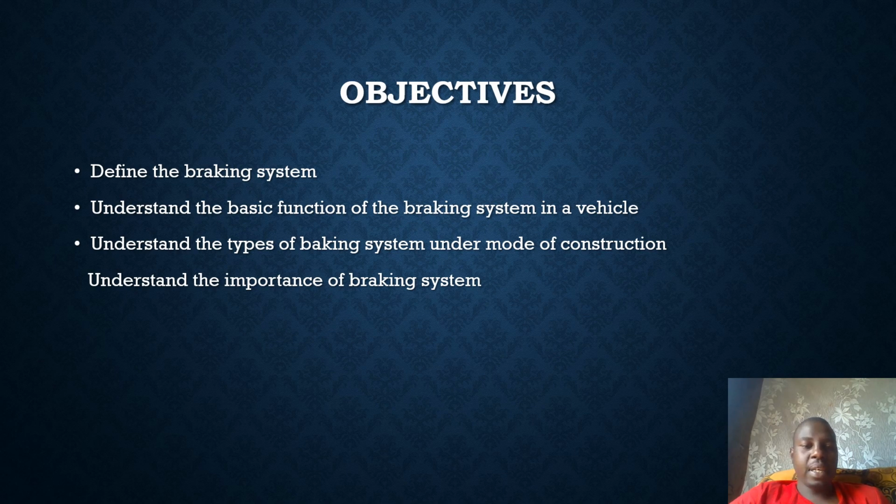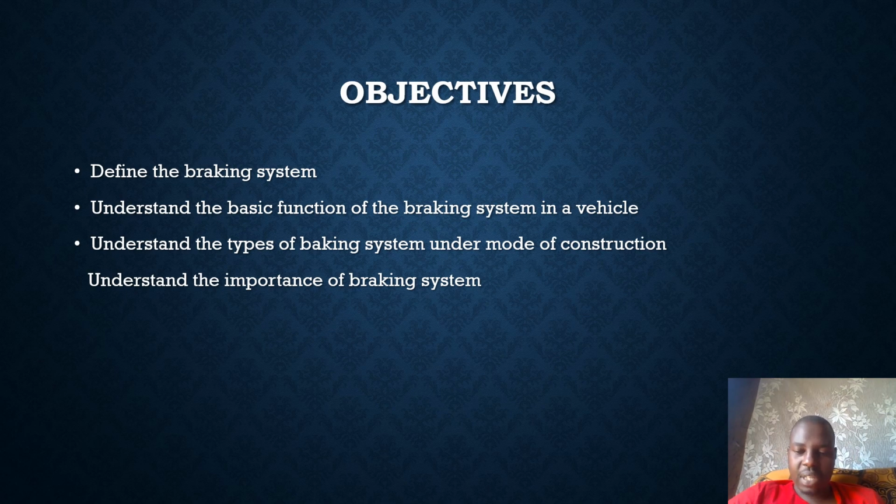We are going to start by knowing the objectives, or what is required of us by the end of this lesson. Our first objective is defining the braking system in a vehicle, then understanding the basic function of the braking system, then understanding the types of braking system under the mode of construction.